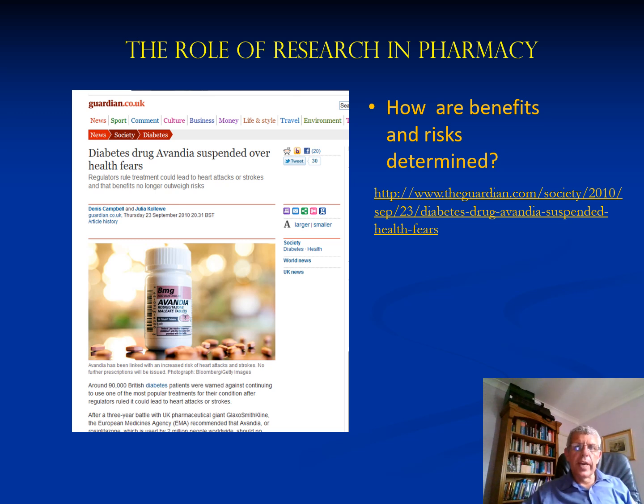In 2010, the European Medicines Agency recommended that the drug be suspended because of these issues, following a meta-analysis in the New England Journal of Medicine that linked the drug's use to an increased risk of heart attack. Later in this session, we're going to be looking in more detail at meta-analysis, but for the time being, the important point is that research on benefits and risks can have a big impact on drugs that are available for prescribing.